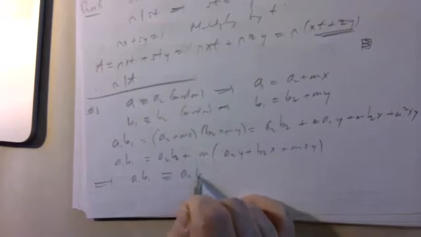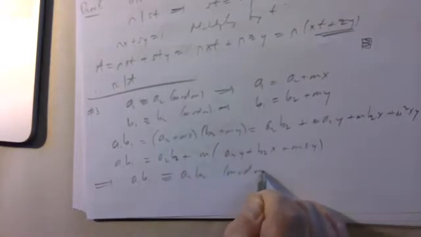So that means that a1 b1 is congruent to a2 b2 mod m, because the difference is divisible by m. And that's the whole proof. Questions about problems 2 or 3?